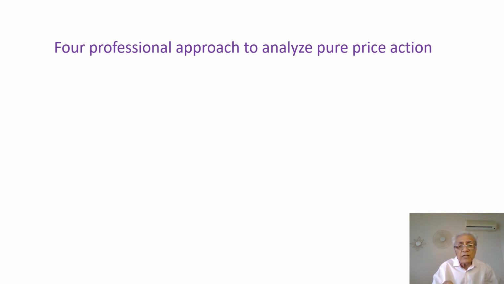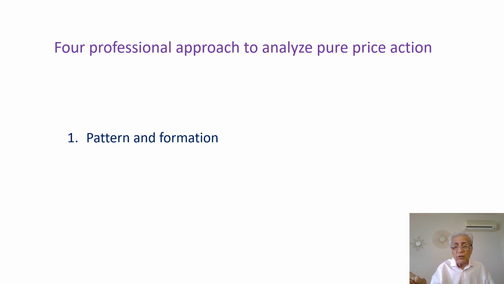There are so many ways to find an entry trigger using price action. The first one is patterns and formations. There are hundreds of patterns and formations which traders rely on, such as bullish and bearish engulfing, morning and evening star, three white soldiers and three black crows, hammer and shooting star, and so much more to find their entry trigger.